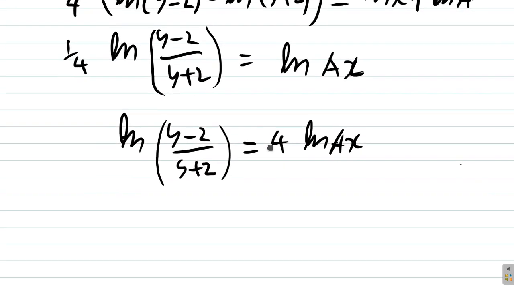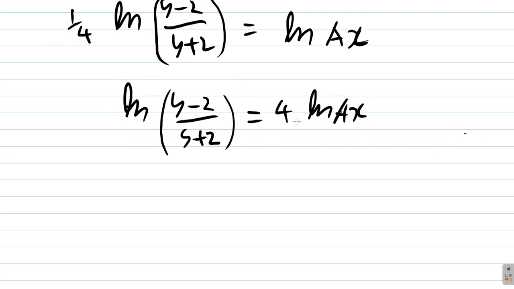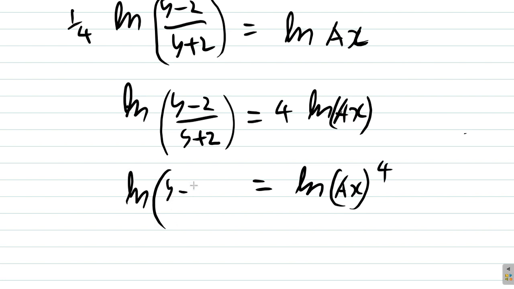But remember, when you have 4 ln ax, this part would be ln of ax to the power of 4. You have to remember your rules of logarithms. So on the left hand side is ln of (y - 2) over (y + 2) equals ln of ax to the power of 4.